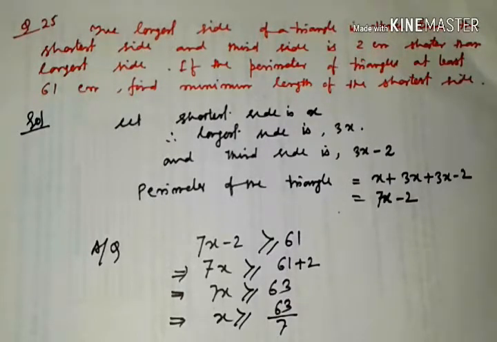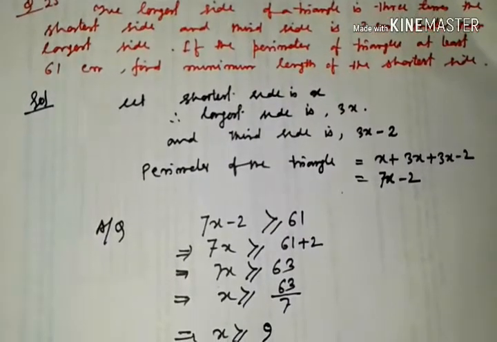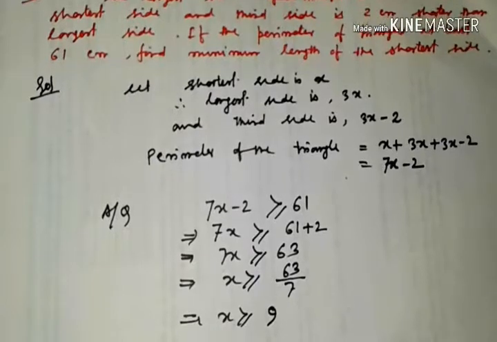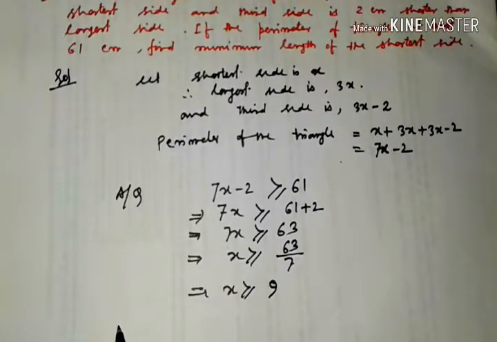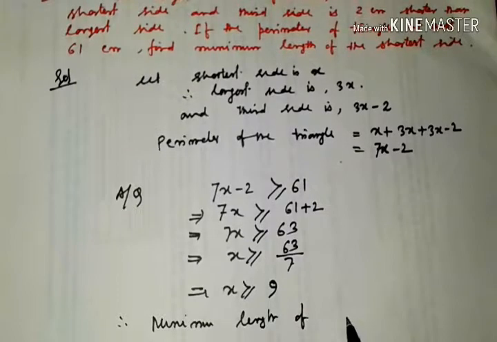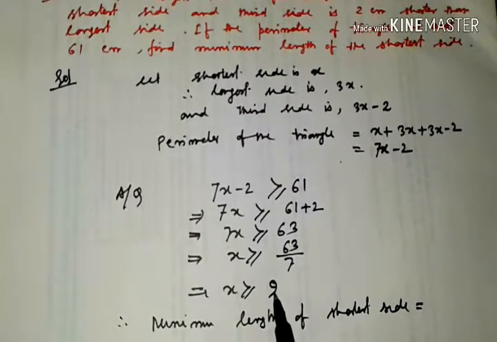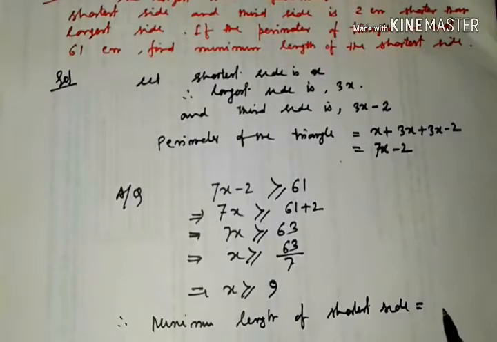This is x greater than or equal to 9. The minimum length of the shortest side: the shortest side is greater than or equal to 9. Therefore, the minimum length is 9, because the length is 9 or greater than 9.